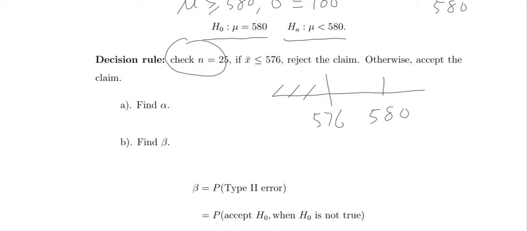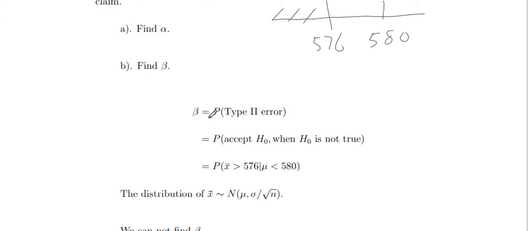So beta is the probability of making a type 2 error. So what is type 2? Type 2 is when we easily believe other people, or we say we accept H0 when H0 is not true.